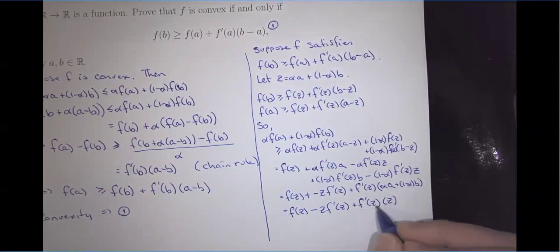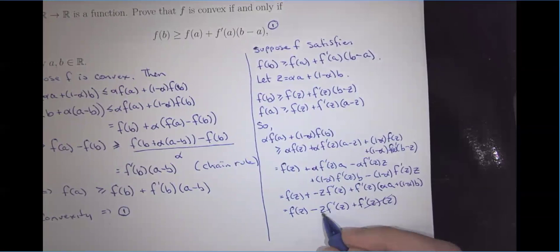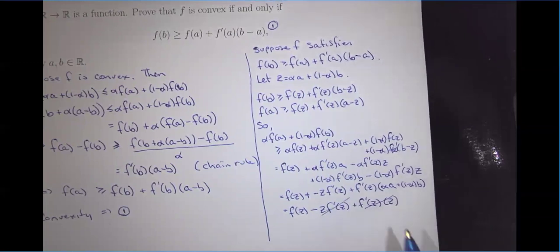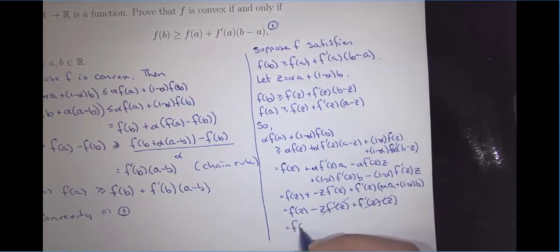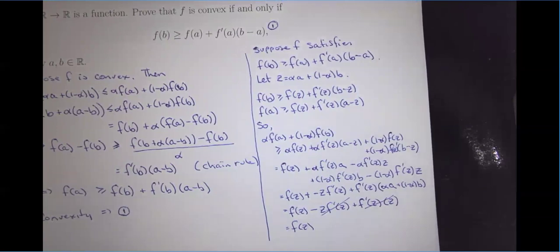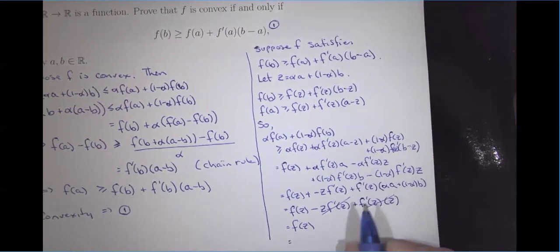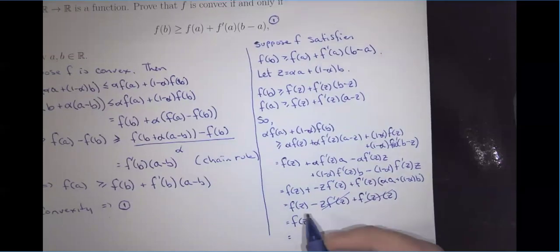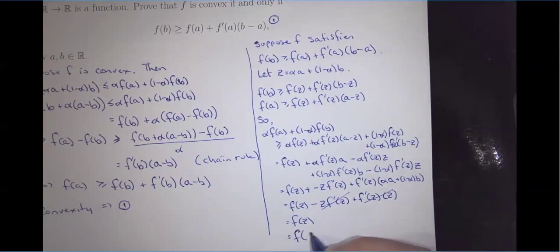So f prime of z times z cancels with negative z f prime of z, which gives us f of z. Which, if we really want to be explicit about this, is f of alpha a plus 1 minus alpha b.